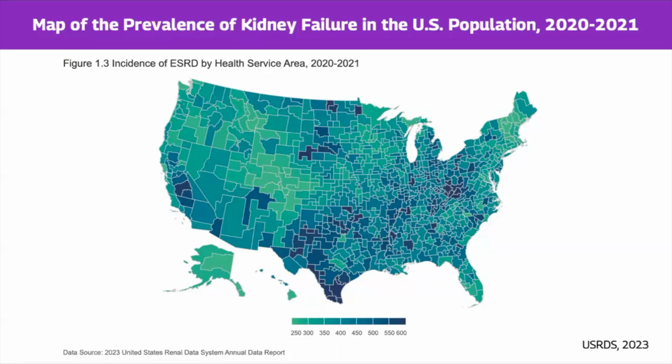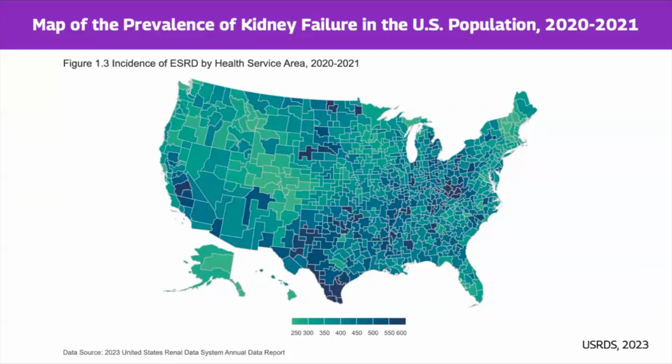Now, these are the prevalent patients with kidney failure, and prevalence means they are all the dialysis patients that are on dialysis or had transplantations are included in this schematic. So you see the really dark areas. Those dark areas are 3,000 per million population of patients with kidney failure.